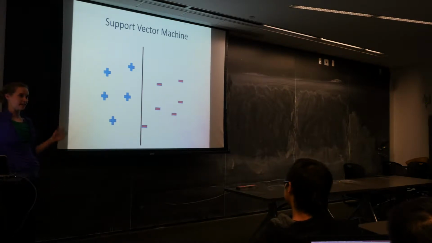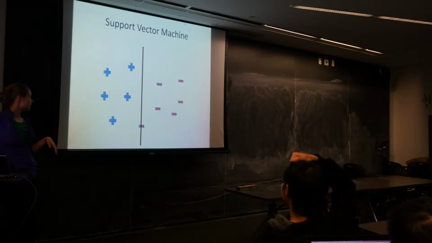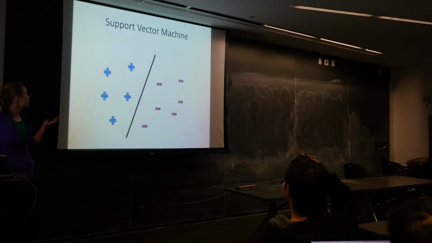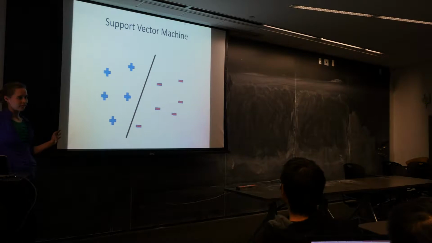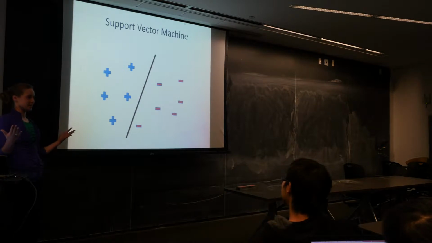But say you had a slight perturbation in the data, and that point moved just a little tiny bit over, now all of a sudden it's going to be misclassified. But if you had this other one here, and the point moved the same amount, it's still on the correct side. So this is the intuition for why maximizing a margin between the classes is useful.